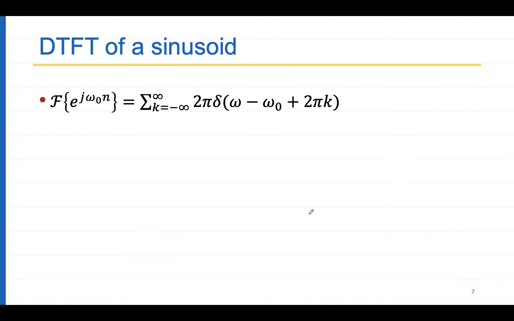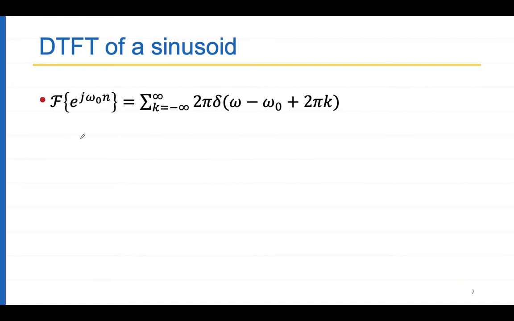What is the Fourier transform of e to the power j omega naught n, which is a pure complex sinusoid? Proving this way is a little difficult, so let's go the reverse way.